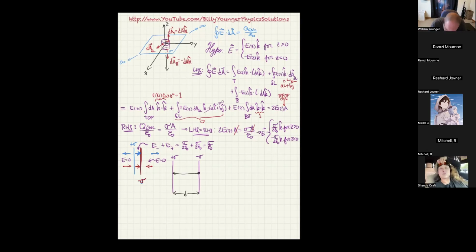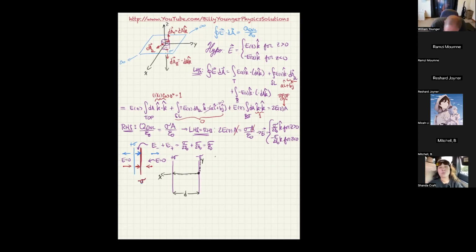Okay. And in fact, what I'll do is draw a coordinate system. There's my y-axis, and this is my x-axis, and the origin's right where that plate is.